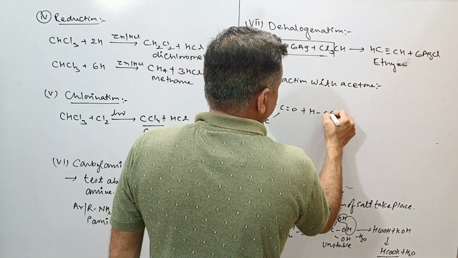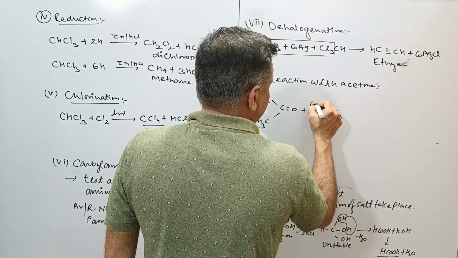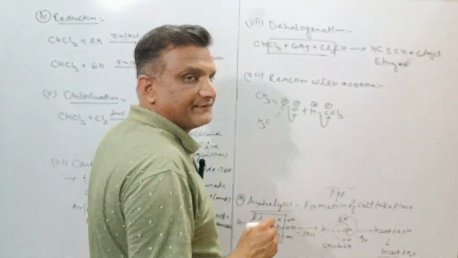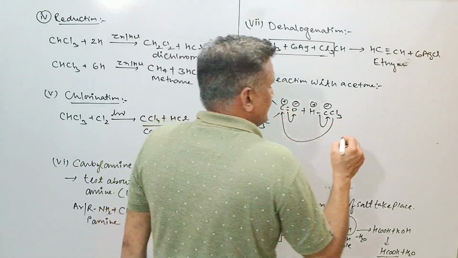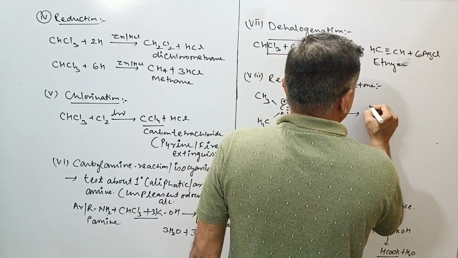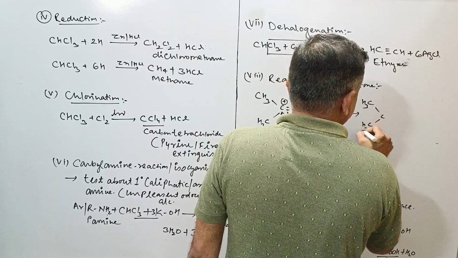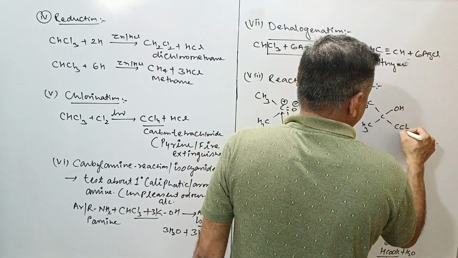This is the chloroform, CHCl3. The electronegativity of O is greater than carbon, so first of all, there will be attack of the nucleophile CCl3 over here. So there will be formation of CH3, this is the CH3, this is the OH, and this is the CCl3.